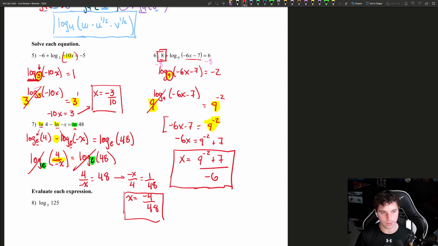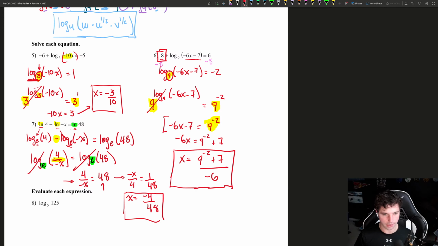All I did is take the reciprocal of both sides. So 4 over negative x becomes negative x over 4. 48 becomes 1 over 48. And then you solve that way. You could also just multiply by x on both sides and then divide by 48. It's up to you. But that part is purely algebra, right?